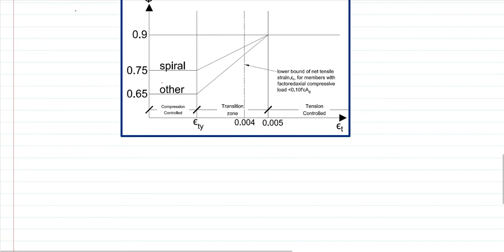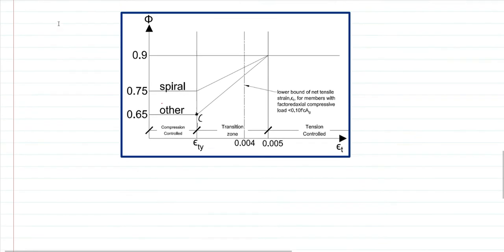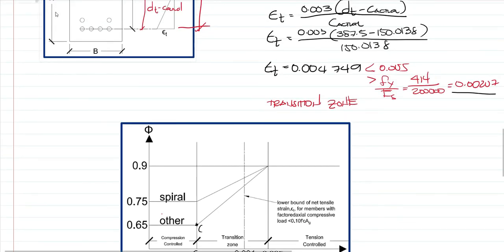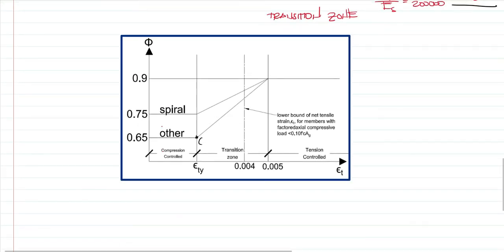So, yung epsilon sub ty natin is ito, yung 0.00207. So, yung x niyan, 0.00207. Tapos, yung y is 0.65. Then, yung nandito, lagi yung 0.005 and 0.9. So, syempre, mas madali sa atin kasi ngayon may mga values na.